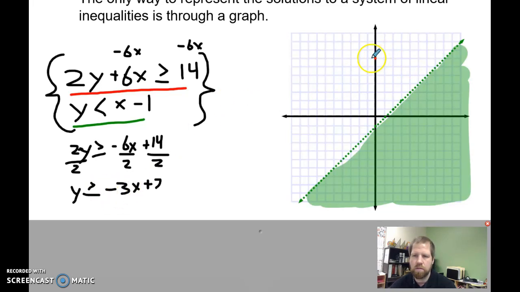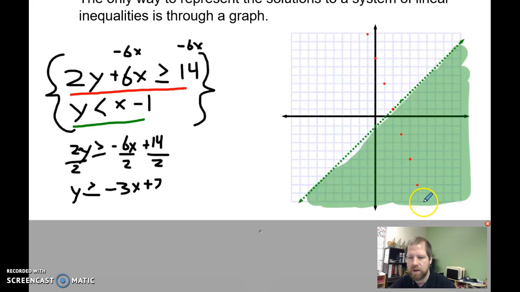So get my line: 1, 2, 3, 4, 5, 6, 7, get my y-intercept, and now negative 3, so it's going to go over 1 and down 3. Over 1, down 3. Over 1, down 3.